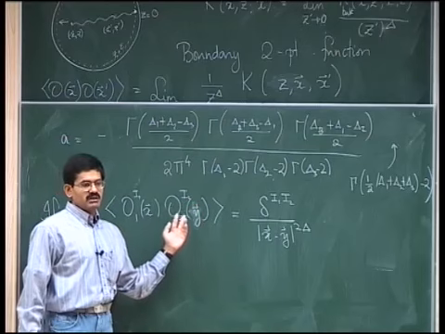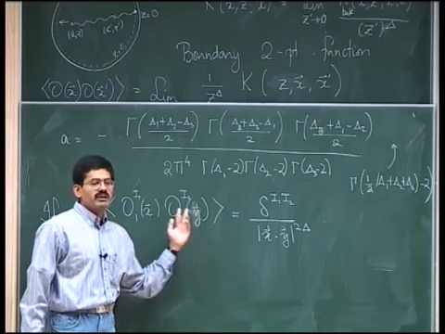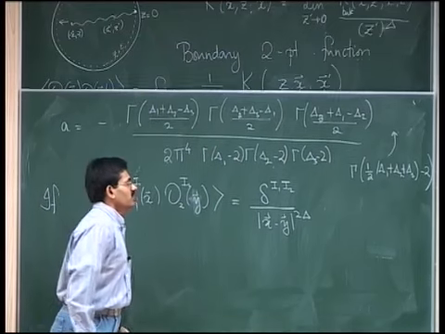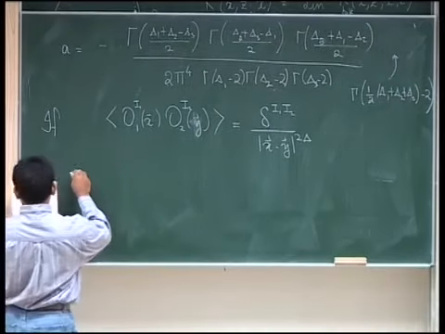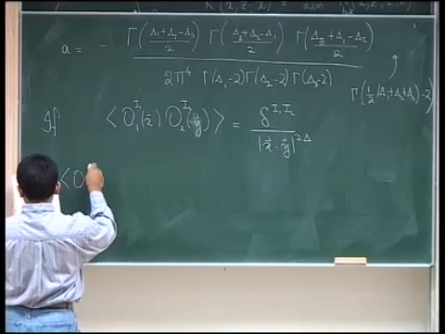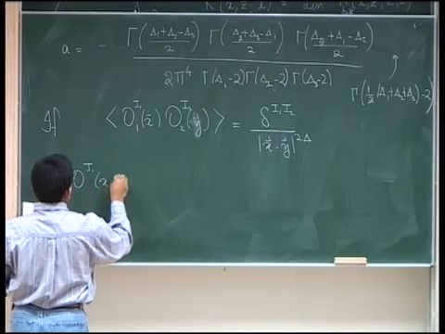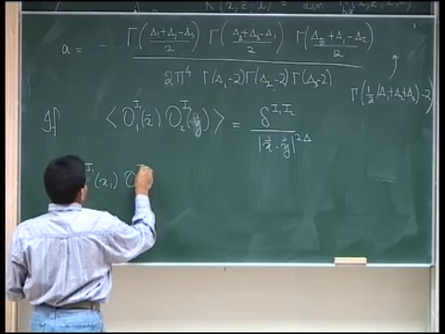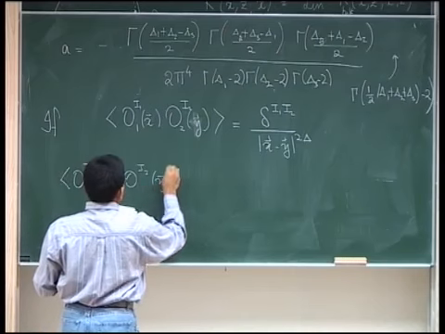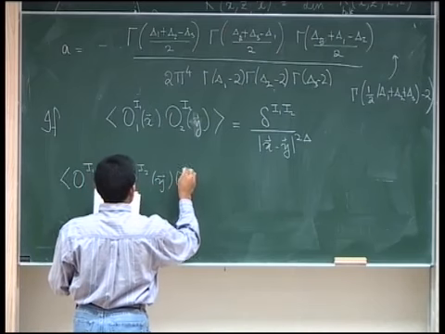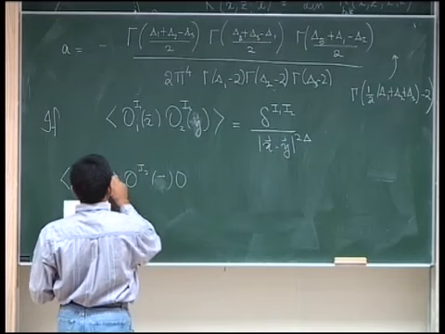I'll make it precise in a moment what operators I'm considering. Then I should be able to unambiguously ask what is my 3-point function. Let me stick to my notation.